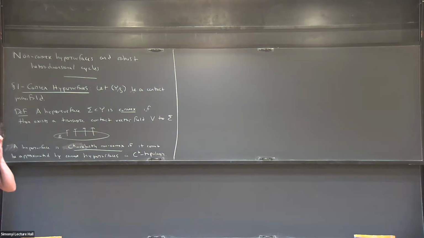So basically it's saying a hypersurface is C^k robustly non-convex if it has an open neighborhood that contains no convex hypersurfaces, right?